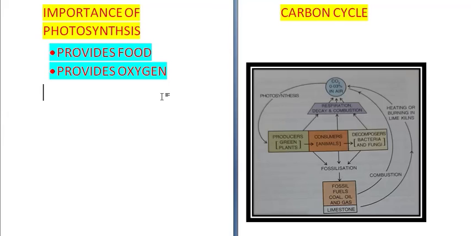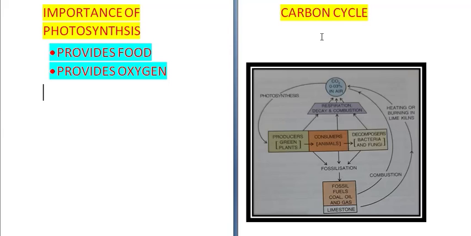Next we come to the carbon cycle. Carbon cycle is a series of chemical reactions in which carbon as a chemical is removed from air, used by living organisms in their body processes, and is finally returned to the air.